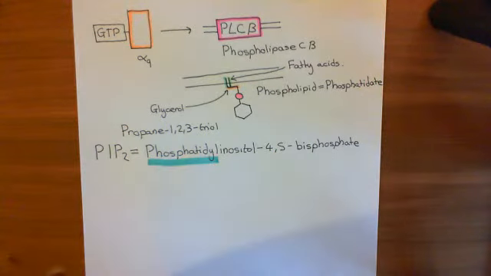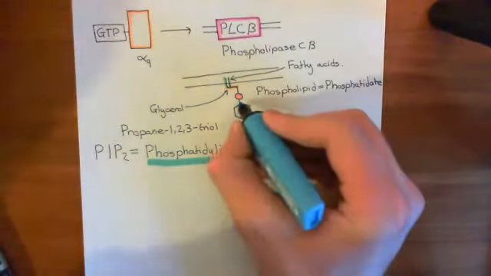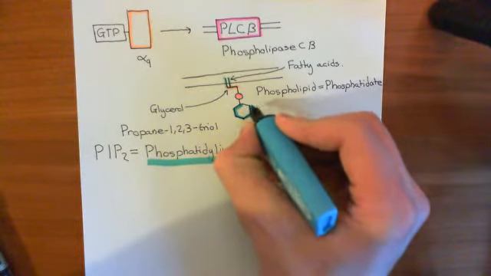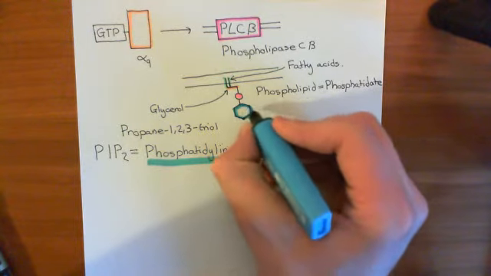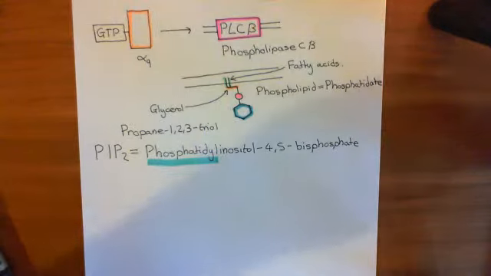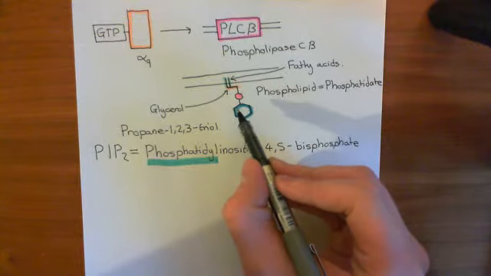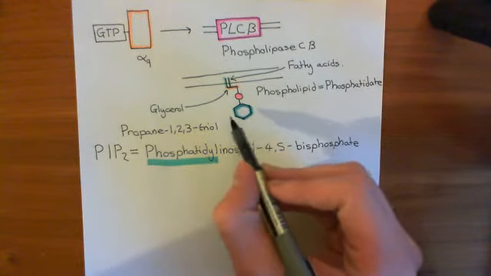This 6-carbon ring here is inositol. Inositol is a 6-carbon ring where all of the bonds in the ring are single bonds, and off all of the carbons you also have a hydroxyl group. So one hydroxyl group comes off every one of these 6 carbons, and you also have a hydrogen making up the final bond.